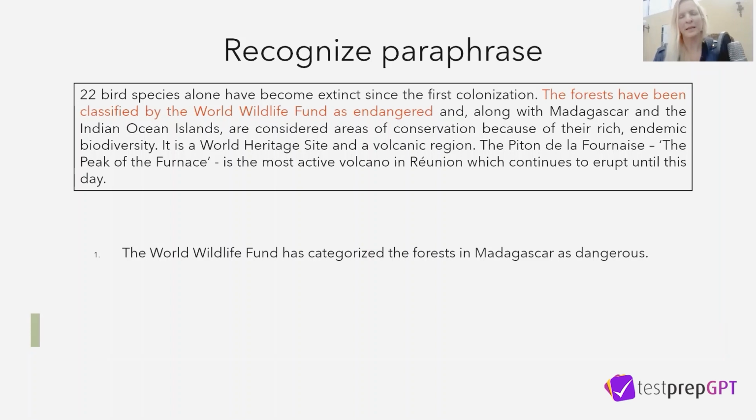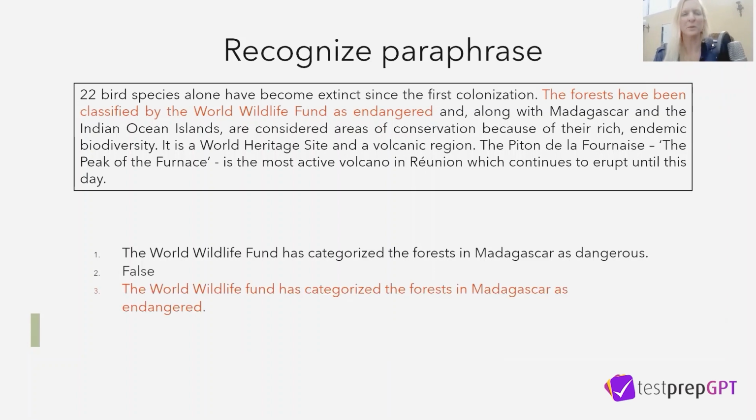The word endangered means that the forests are in danger from external factors. It doesn't mean the forests are dangerous. So again, here your understanding of words is very important. We know that this statement is completely false because it contradicts information in the paragraph.